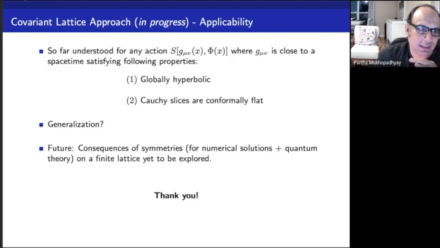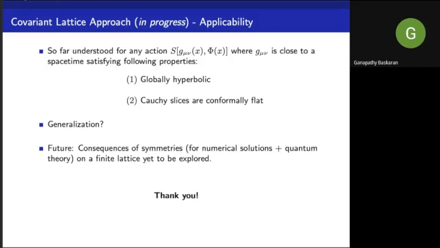The question is that in the condensed matter system, do you have a particular lattice to work with? Yeah, you start with a particular lattice with defects like dislocations. Then when you look at matter living there, it looks as if in the long wavelength limit, the matter sees some gravitational G mu nu.